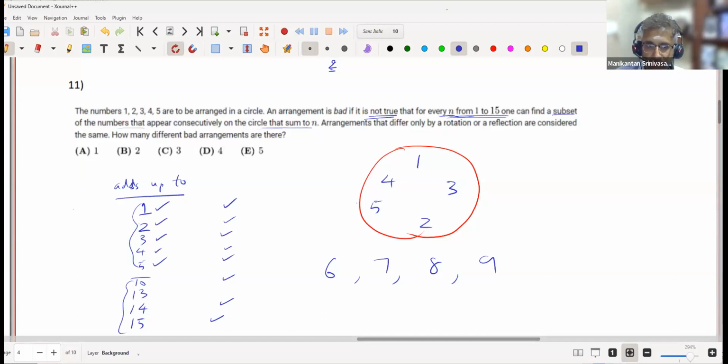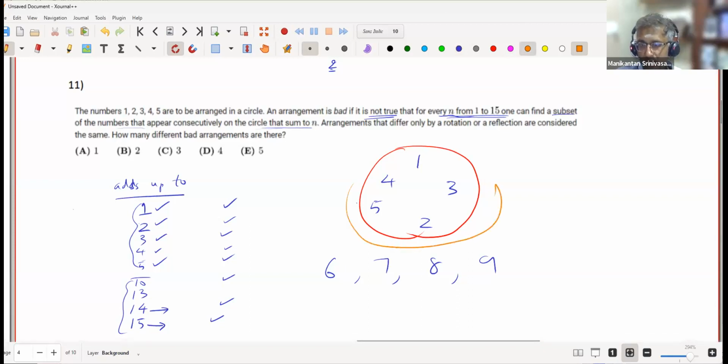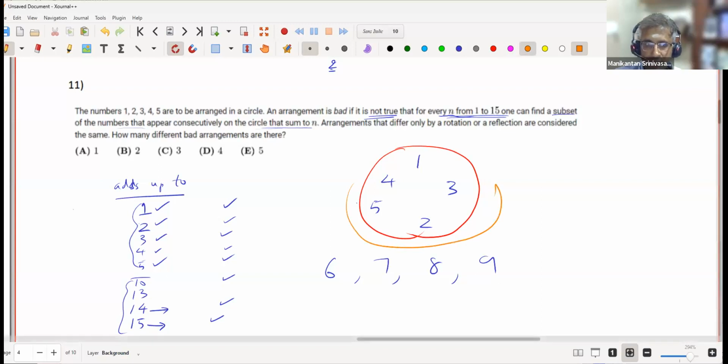Likewise, the big numbers like 15 and a few below are also safe. I can form 15 by choosing all 5. I can form 14 by leaving just 1 alone and adding 2, 3, 4, 5. If I leave 1 alone, the other 4 will still be a continuous collection. This collection will add up to 14.